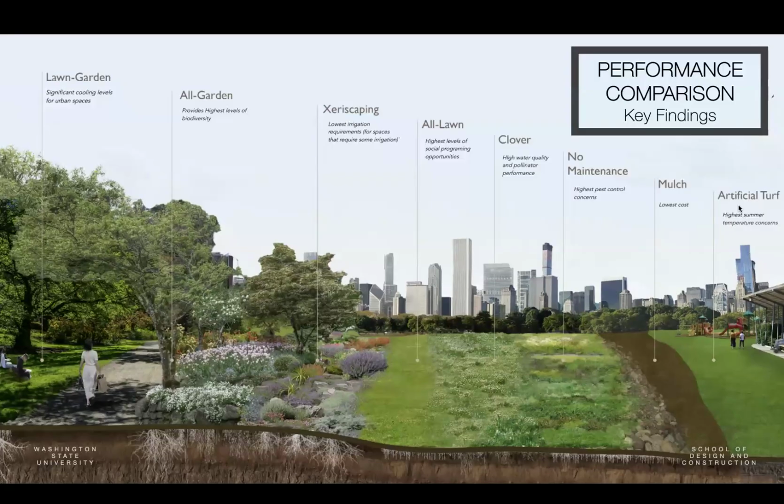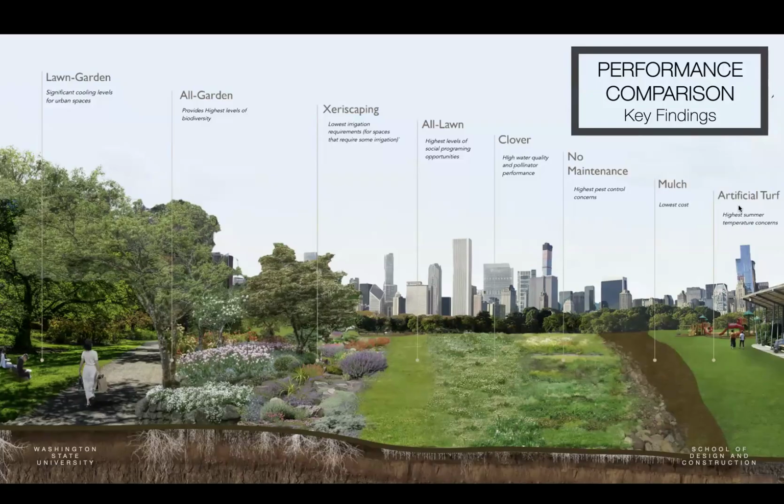When we analyze performances across all typologies, several key patterns emerge. For stormwater management, gardens and lawn-garden combinations significantly outperform lawns and synthetic alternatives. For cooling effects, most vegetative landscapes provide benefits, with gardens and xeriscaping leading the way. For social benefits and recreational use, lawn and lawn-garden combinations excel.